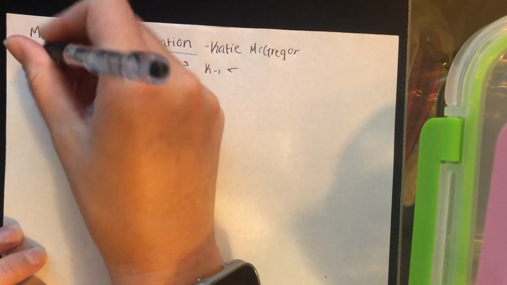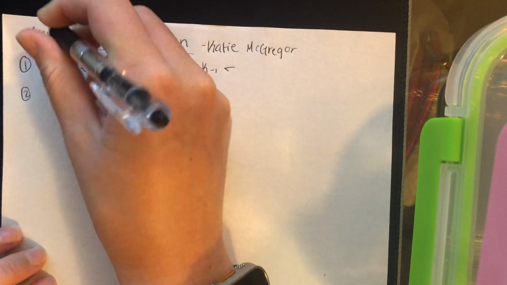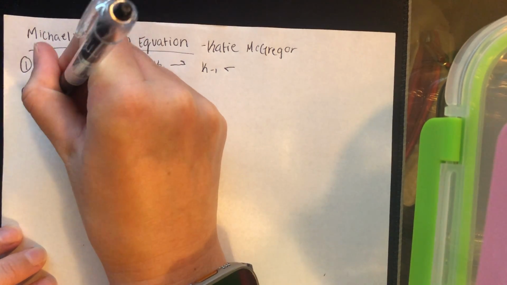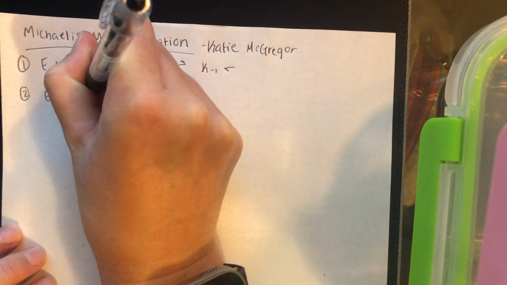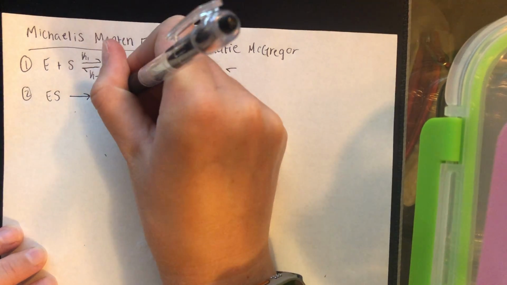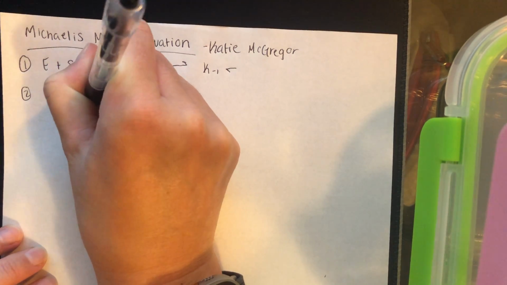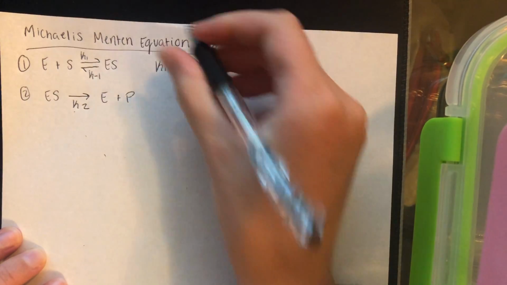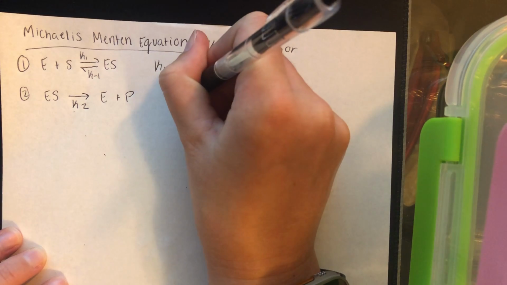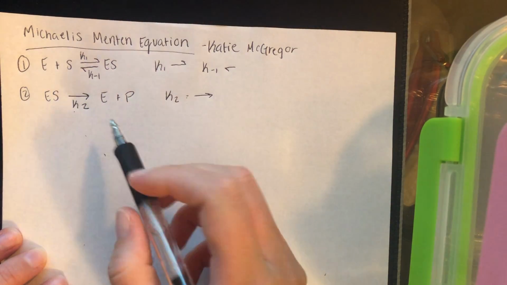So this can be written as ES goes forward into E, the enzyme, plus the product, and this is depicted as K2. So K2 equals the forward, and it just cannot reverse.